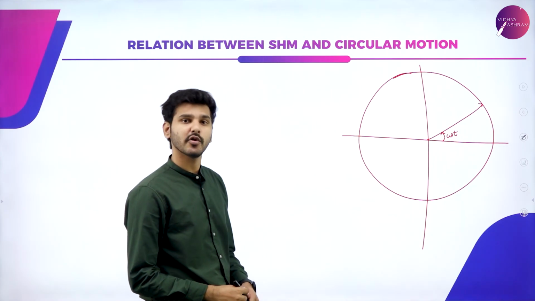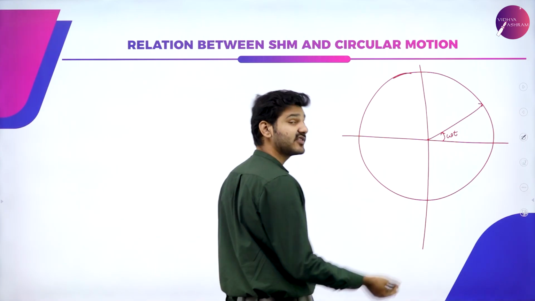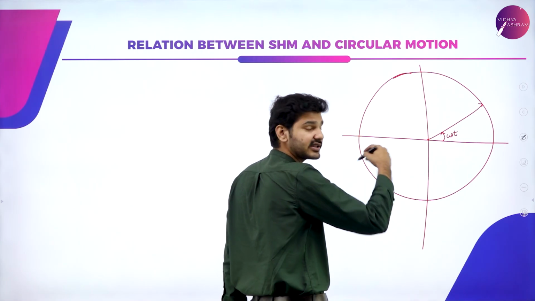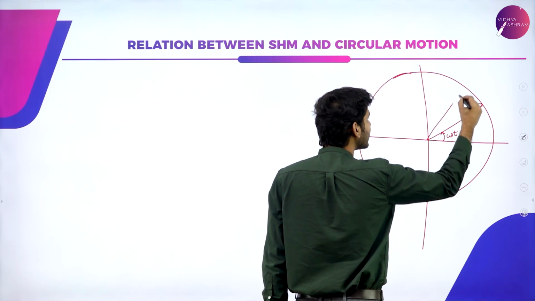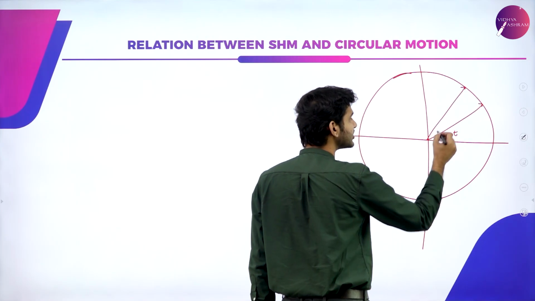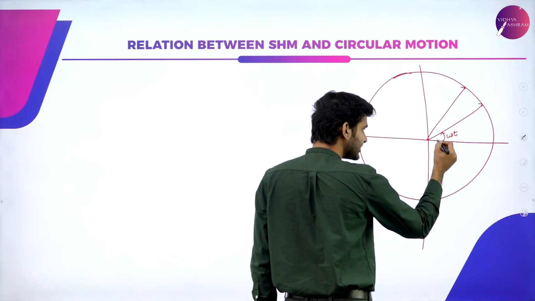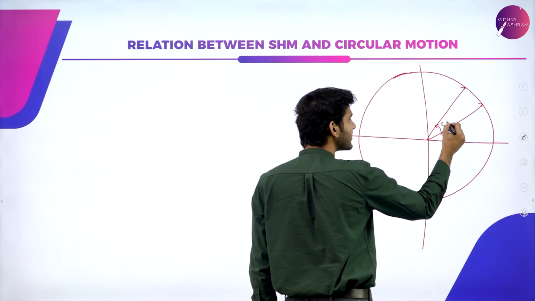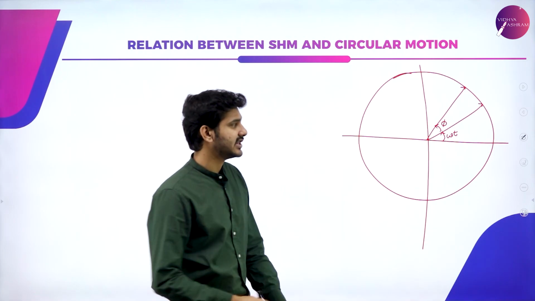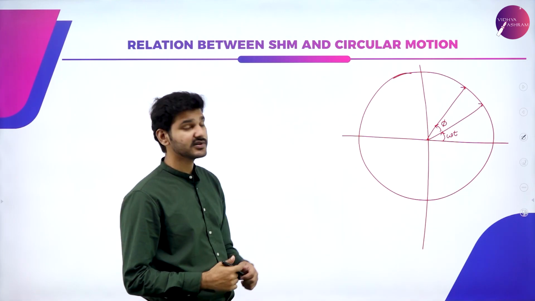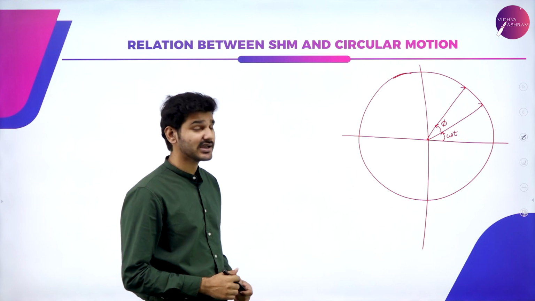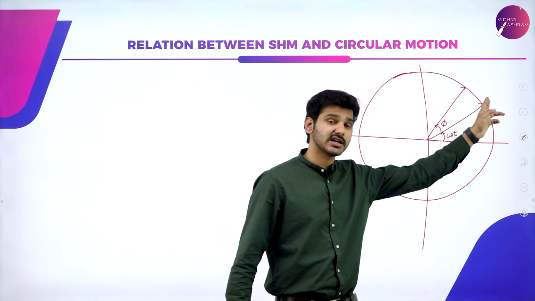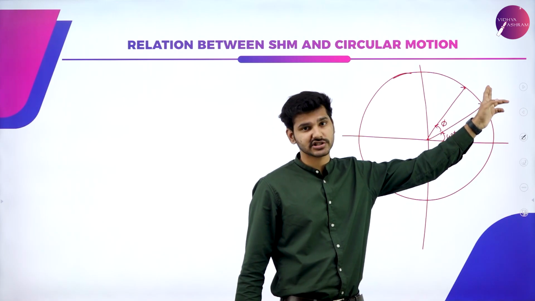And after some time, the particle continues to move forward and reaches this particular position, and from here to here, the angle is phi. So initially the angle was omega t and after that it was phi. So the net angle now is omega t plus phi. But at each point in time, I'm only taking the positions.